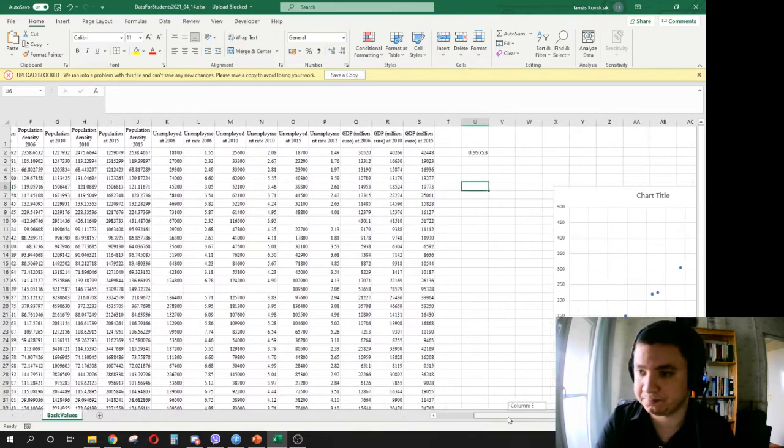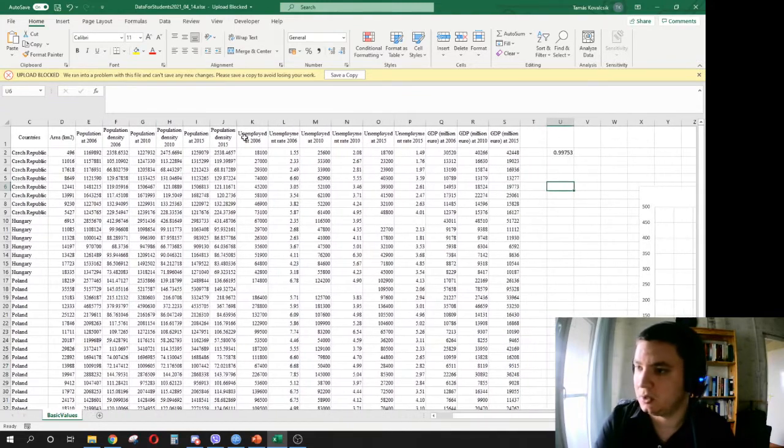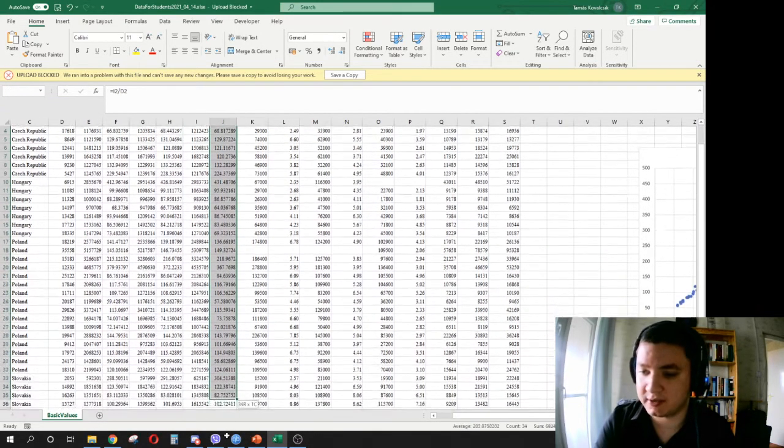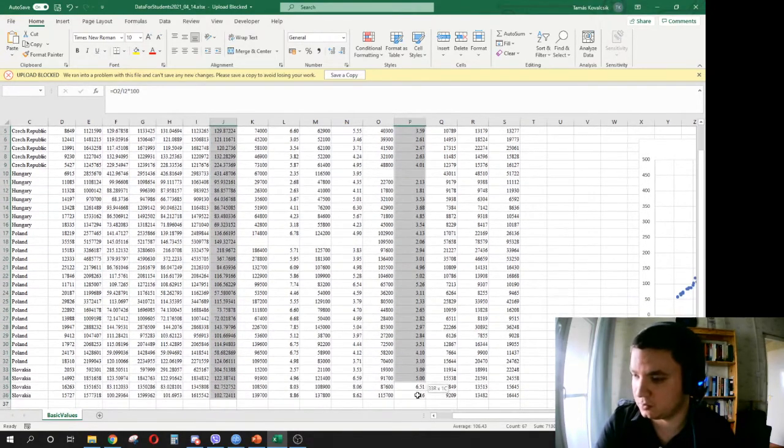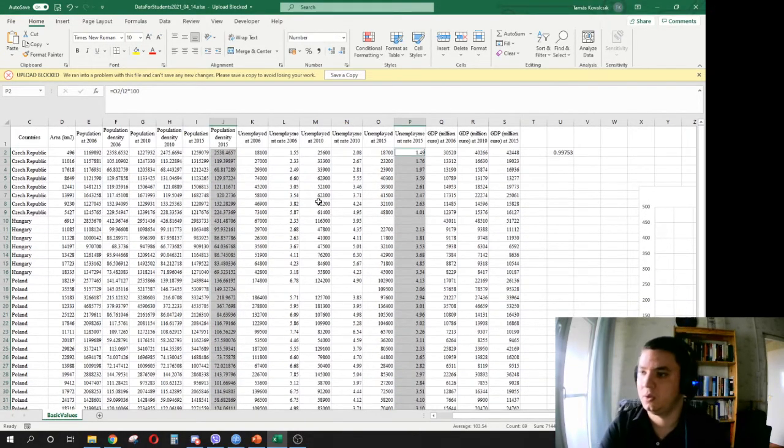For example, select the population density at 2015 and the unemployment rate 2015.